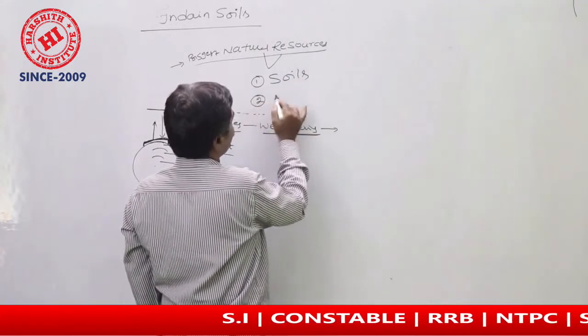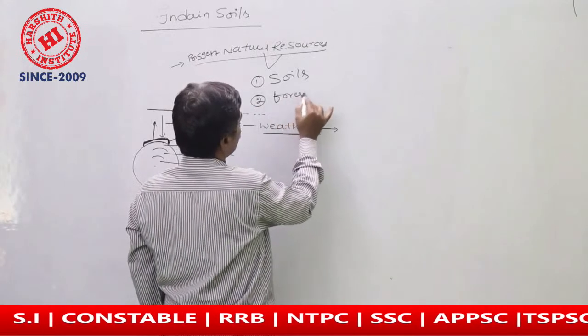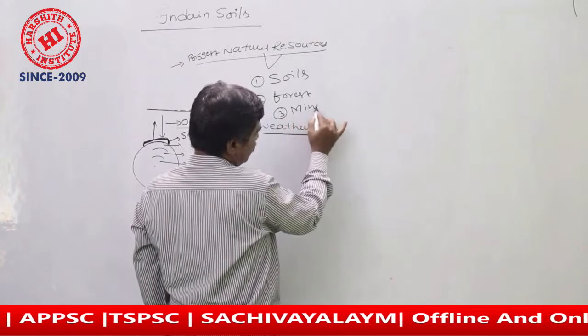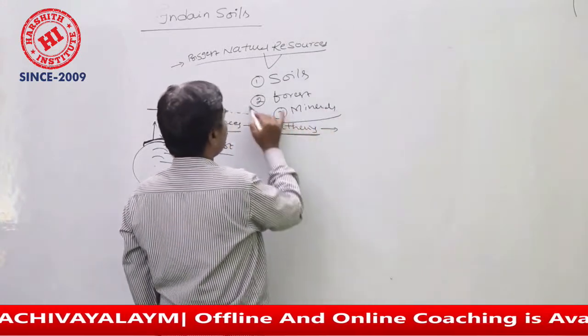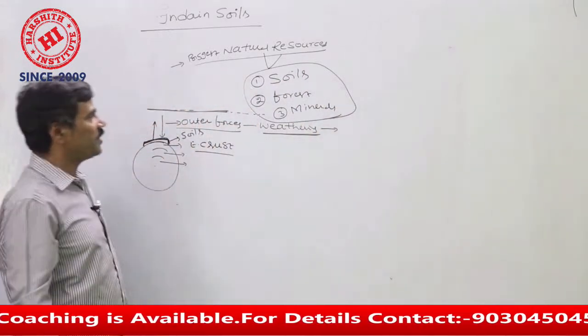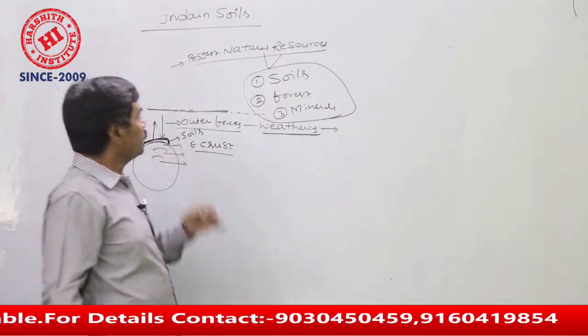Second is the forest. Third is the minerals. These are the three natural resources, and they are very important for the improvement and development of countries.